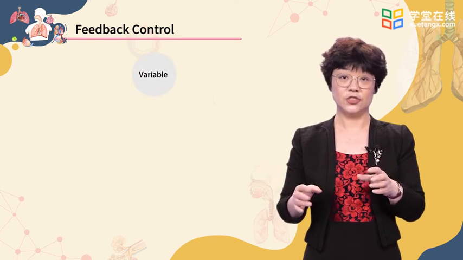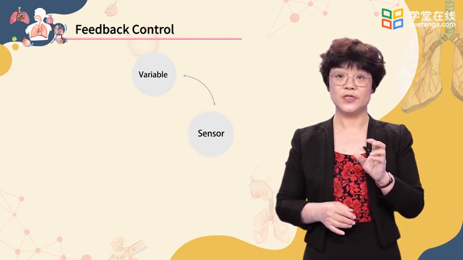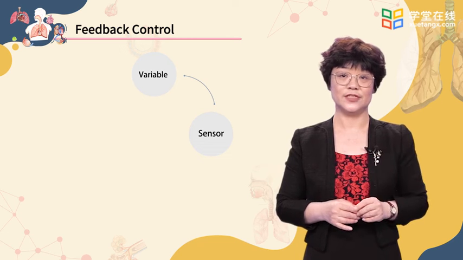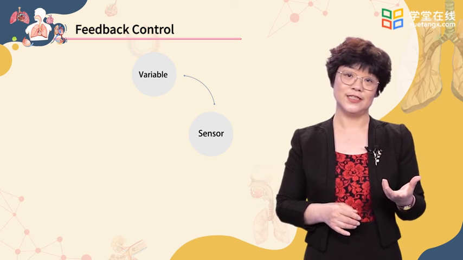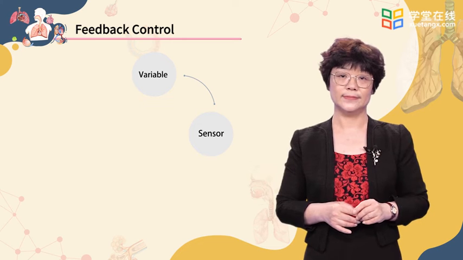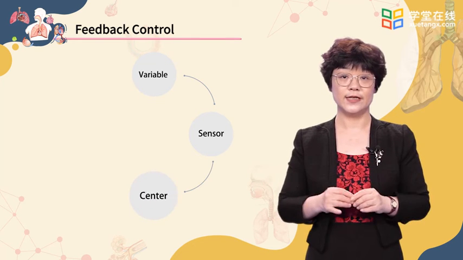Variable is the factor or event being regulated. Sensor or receptor monitors the environment and responds to changes. In physiology, changes in the environment are called stimuli. The receptor sends information to the control center.